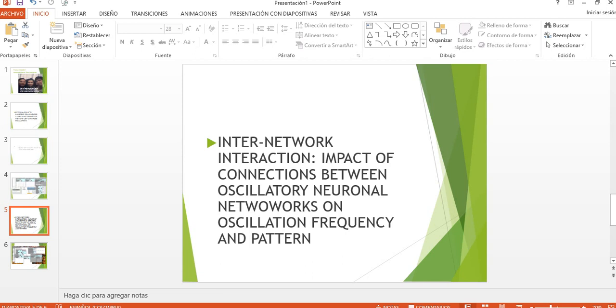Now the aim of this simulation is to investigate the interaction of two neuron networks in the oscillation patterns. The two networks work as the previous one, but adjusted to generate the proper oscillation between both.